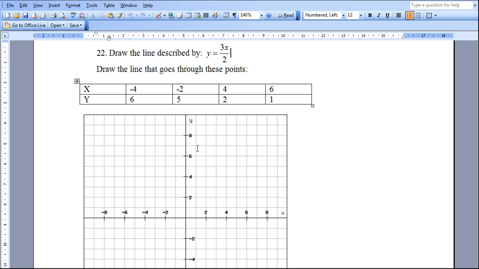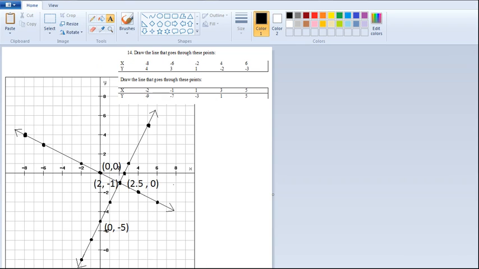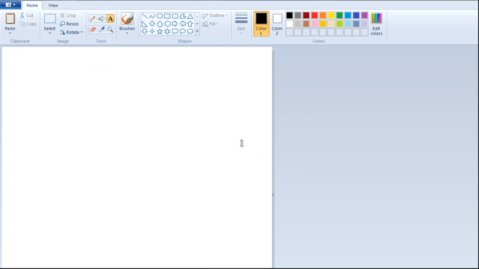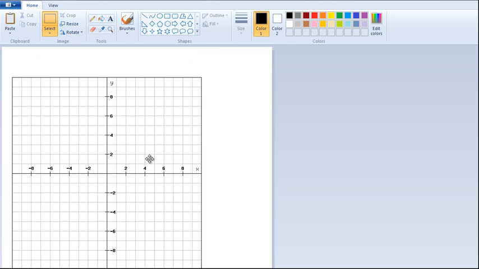Well, let's try this. And here's the coordinate system.